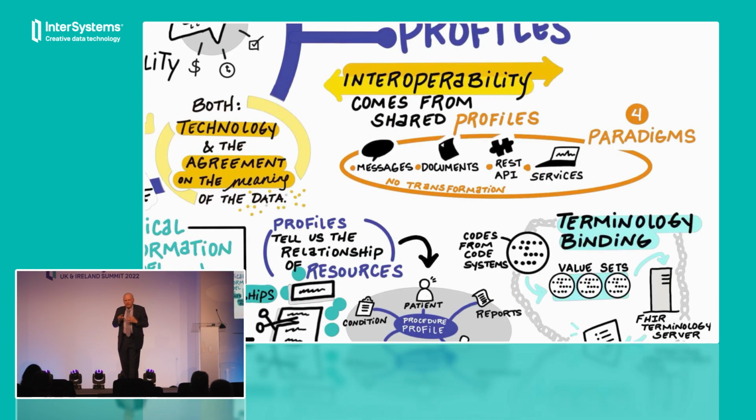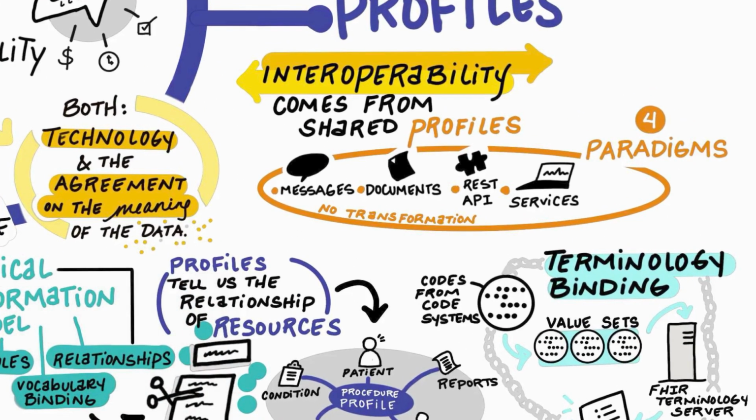Now, I said I was going to talk a bit about value sets and terminology because an important part of the FHIR specification is the concept of a terminology server, a FHIR terminology server. So it might be the same server you're using, but it could be another server somewhere connected on the internet. But on those terminology servers are the value sets that you need for your particular application or implementation of FHIR and the code systems that contain those value sets.